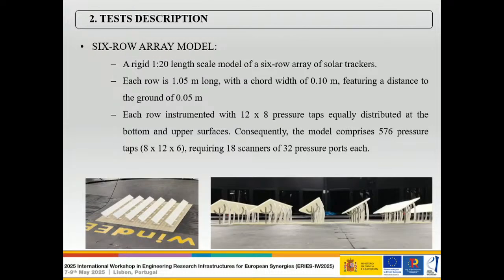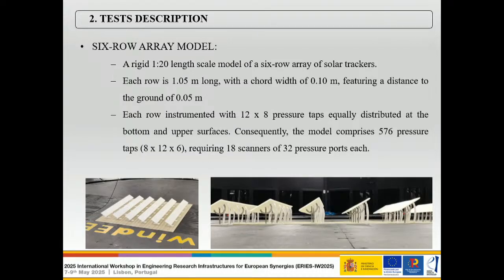The model that was tested was this array of 6 rows of solar panels, solar trackers, at a geometric scale of 1 to 20. Each row has a length of around 1 meter with a chord width of 10 centimeters, and the distance to the ground is 5 centimeters.